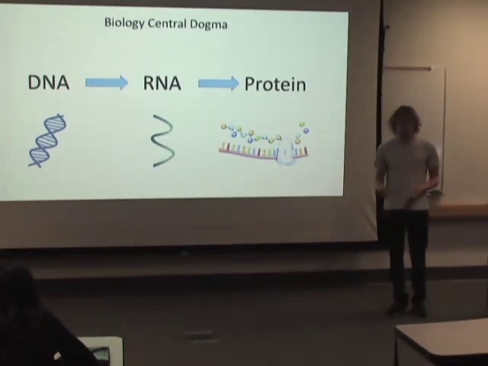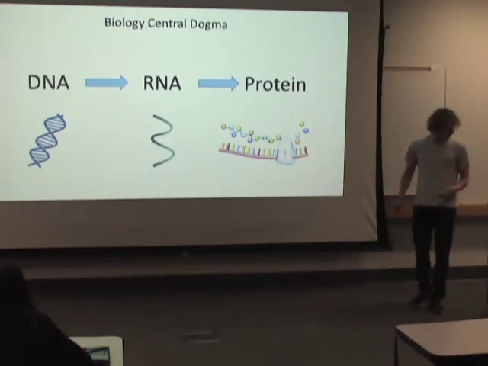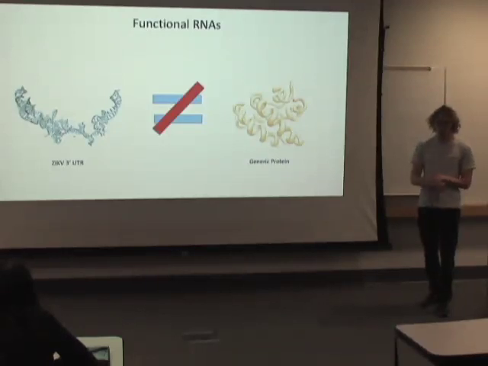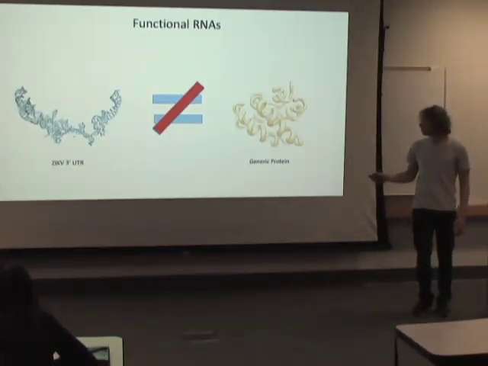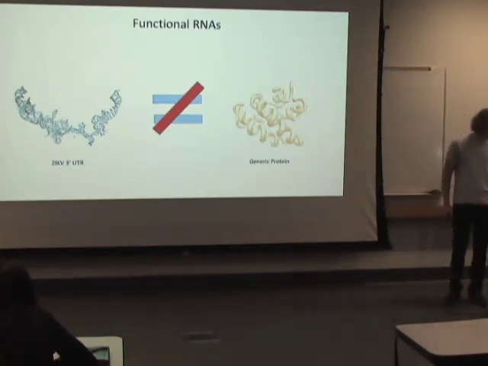It's important to understanding how Zika replicates. Normally in biology we go from DNA, which is transcribed to RNA, which is translated to a protein. But what we have in Zika is a UTR that doesn't translate to a protein. Instead, the UTR itself folds and goes on to interact with host proteins.